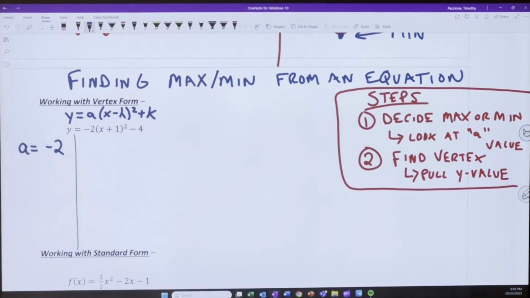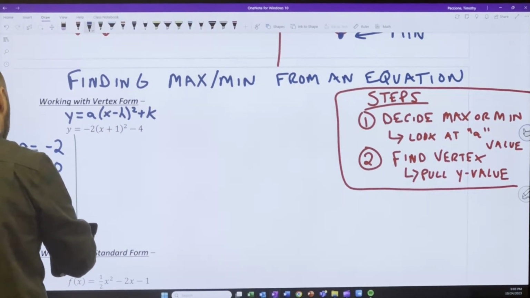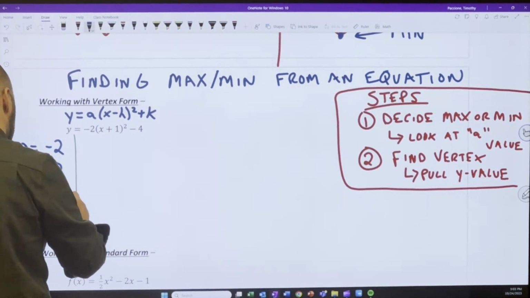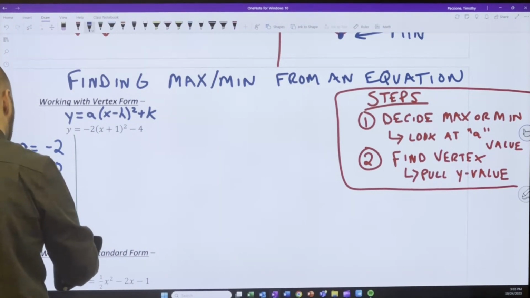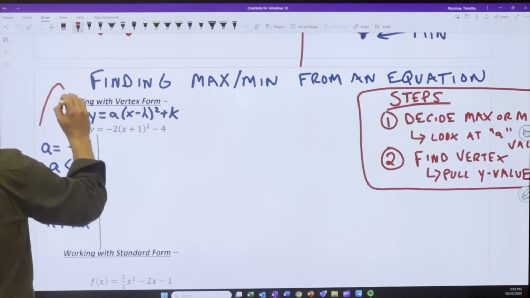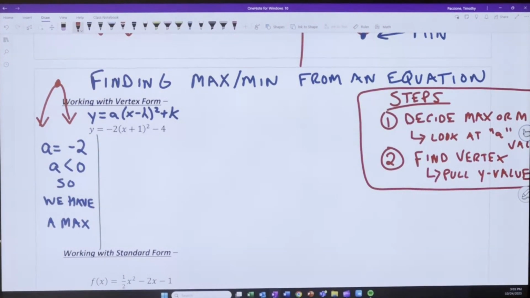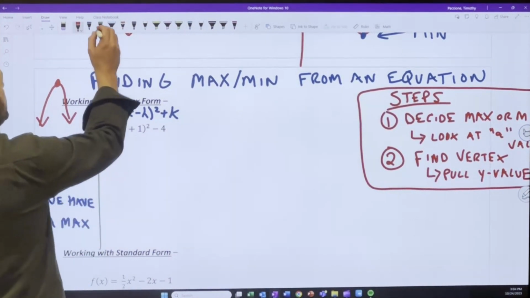So is that negative or positive? -2 is negative. A is less than 0, so we have a max. Because we know the graph will look like this if it's negative, and that's a max. So we've answered the first question.